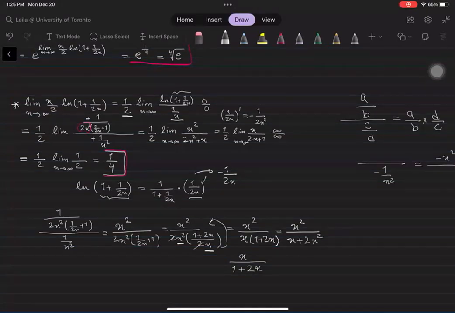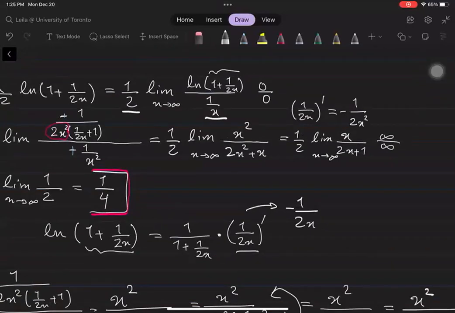I had positive because here you have a negative, here you have a negative, they get canceled out. So you get, yeah, it's the same as positive.